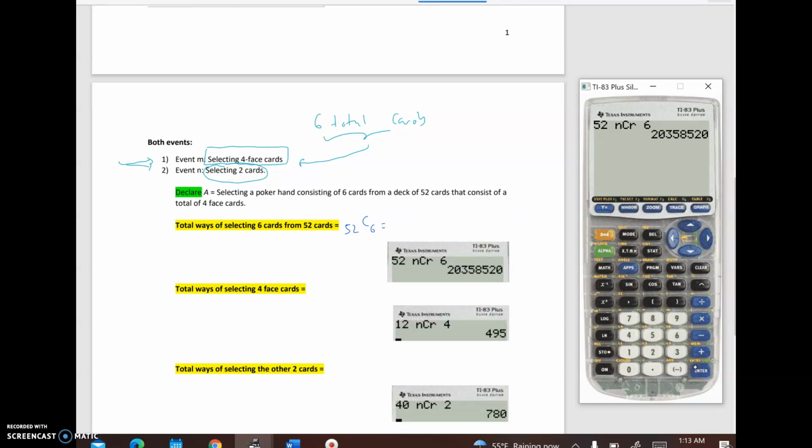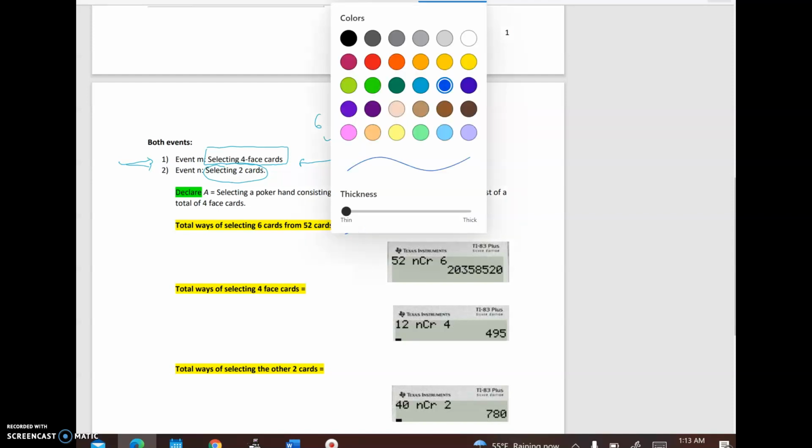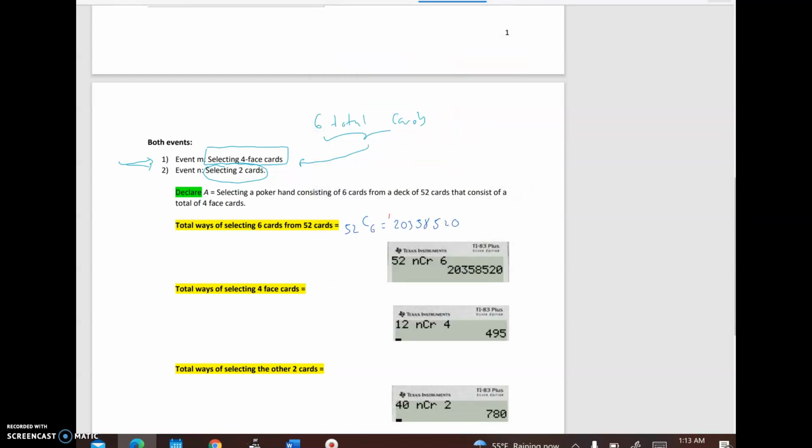That's how it goes into the calculator. On the file, I'm just writing it as 20,358,520. That's the sample space, or the total number of ways of selecting 6 cards from a deck of 52 where order doesn't matter, so we're not counting order as a separate selection.